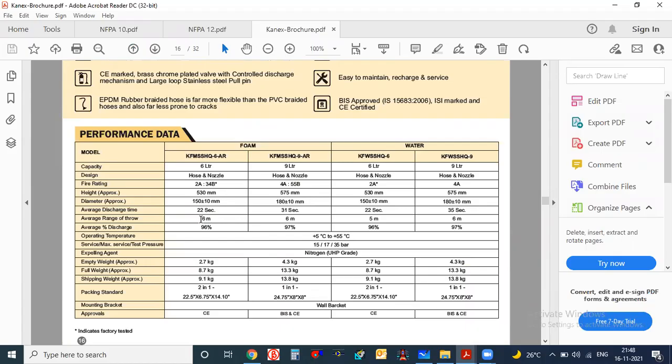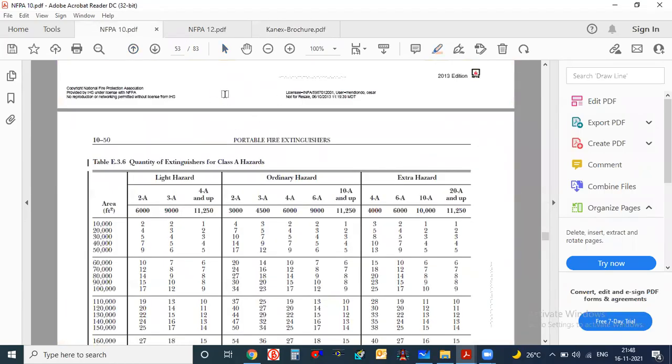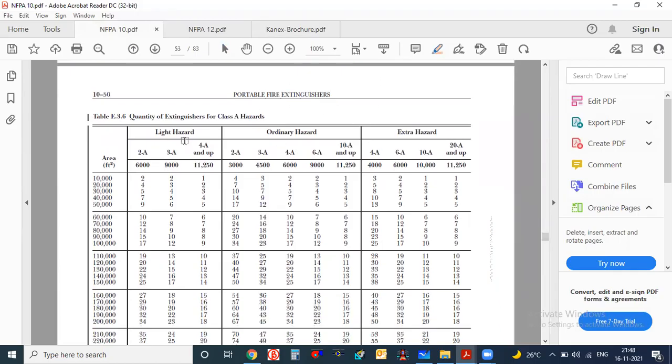You can throw it in a 360 degree manner. But in NFPA 10, I have not seen anywhere they have mentioned the throw. So maybe the vendors and manufacturers can explain to us in a good way.